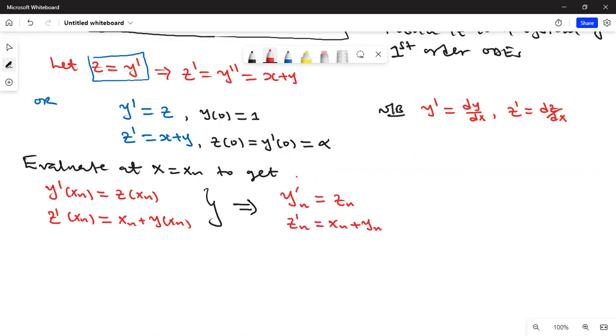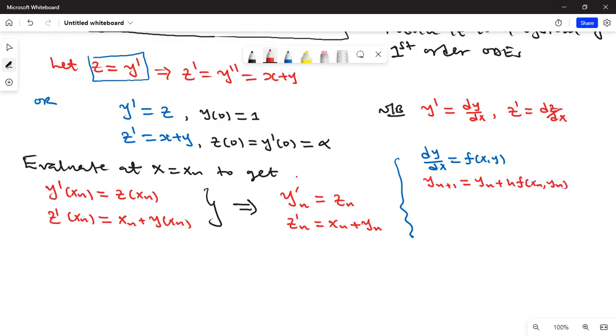So the question is, what is Euler's method when you have a system of first order ODE? I want us to recall, when we have dy dx equals f of xy, then the corresponding Euler's method is that yn plus 1 equals yn plus h times f of xn yn.